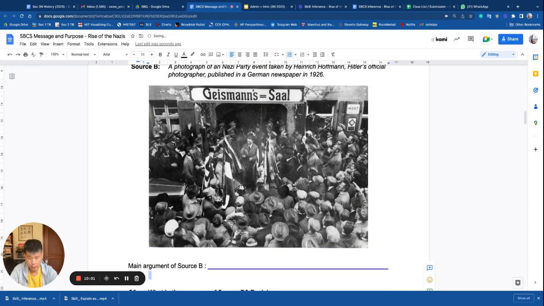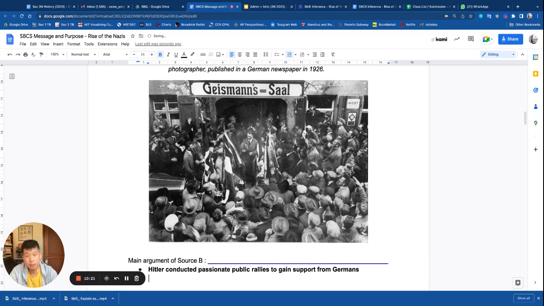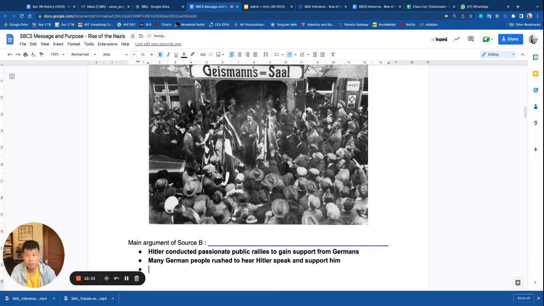Okay, we have the idea that the person in the middle, that is Hitler, conducted passionate public rallies to gain support from Germans. Another main idea would be there were many German people rushed to hear Hitler speak and support him.